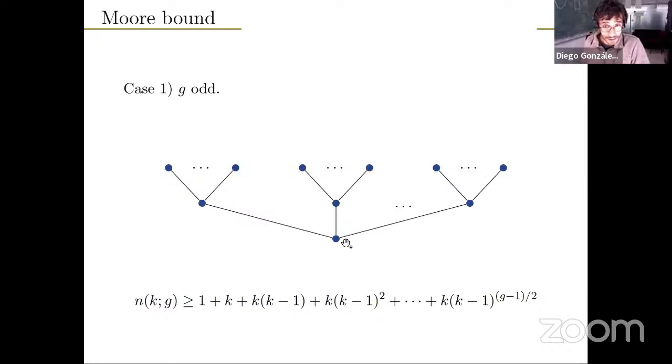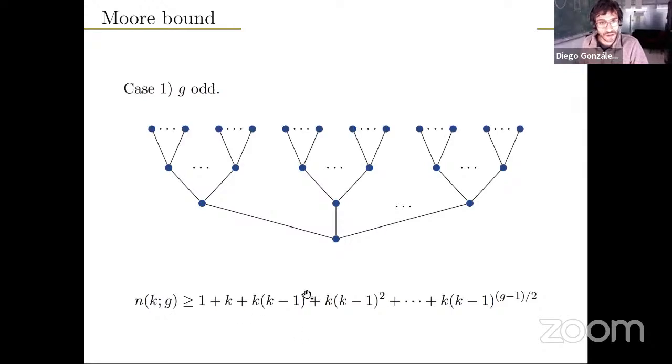So at the moment we have one vertex, then k vertices, and in the next level we have k minus 1 vertices from each of them, because each of these vertices has k minus 1 new neighbors, since the other neighbor is right above. So in the second level we have this number of vertices, and so on.